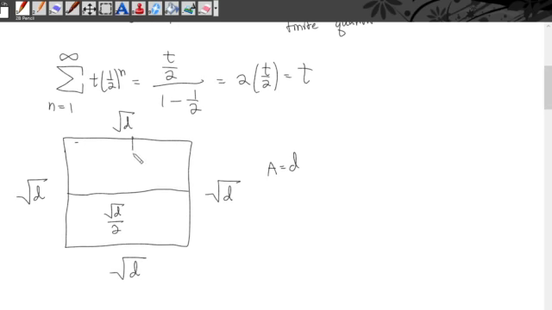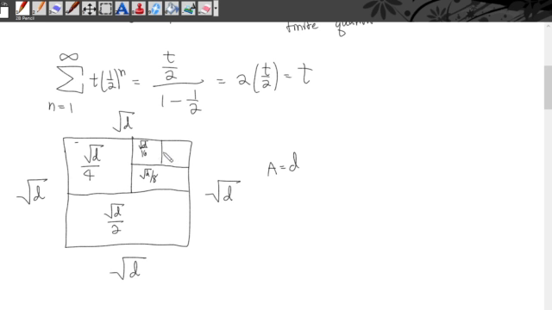And we could split this in half again, and we can see that this would be root d over 4. And we can split this in half again, and this would be root d over 8. We can split it in half again. It would be root d over 16.